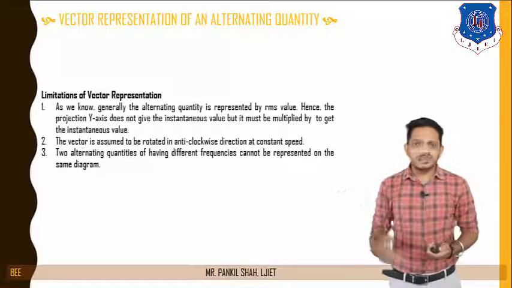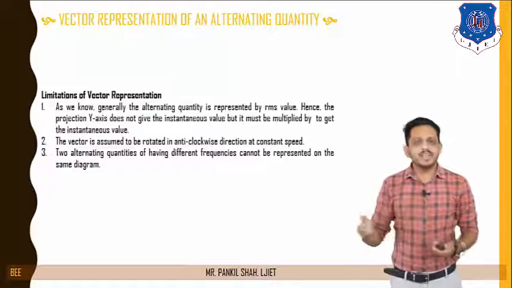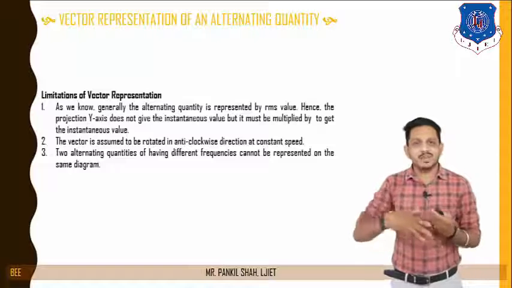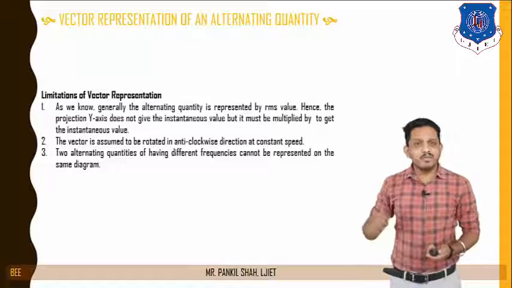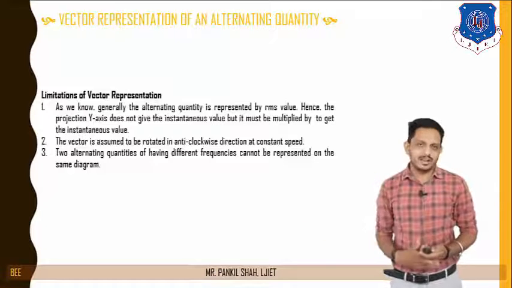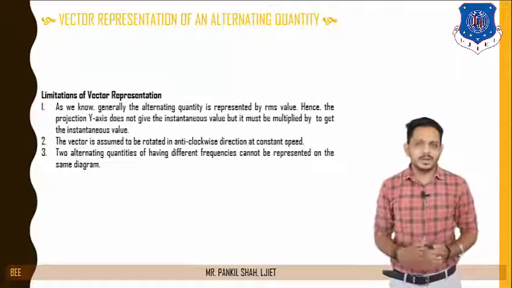We have studied the RMS value, instantaneous value, form factor, peak factor. So you can find the instantaneous value from the RMS value, but you cannot find it directly, whereas in waveform representation, you can find the instantaneous value at any angle. So this was the first limitation of the vector representation.